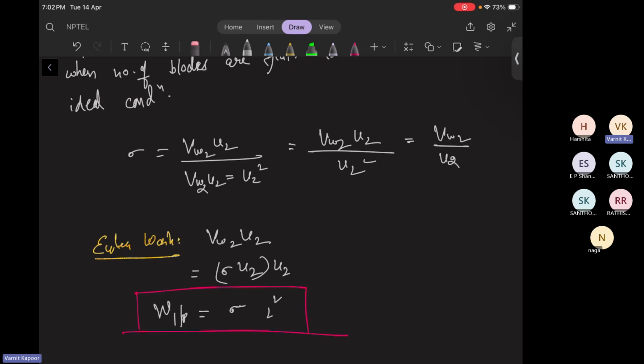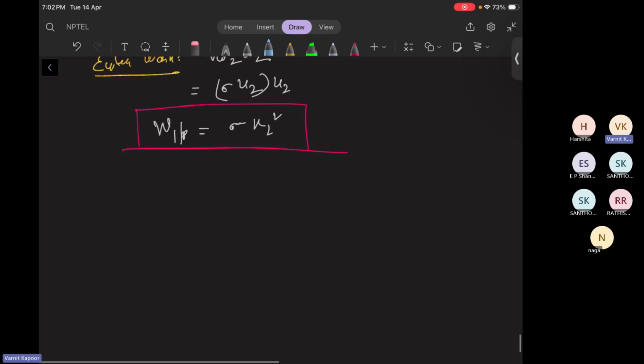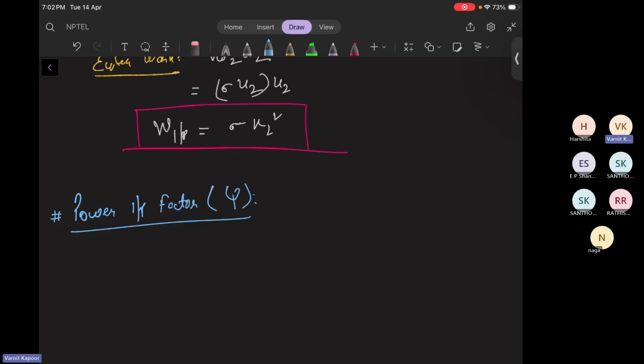In terms of slip factor, there is another term, that is power input factor. Power input is mass flow rate times work input. What will be the power input factor? Power input factor is denoted by the symbol psi.